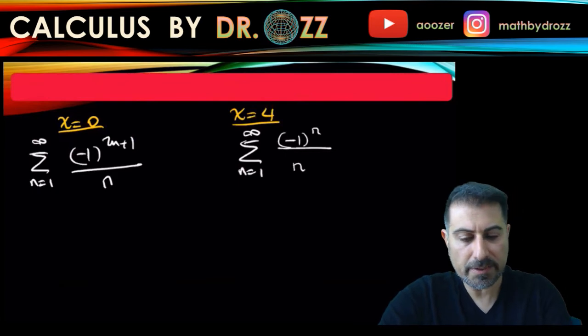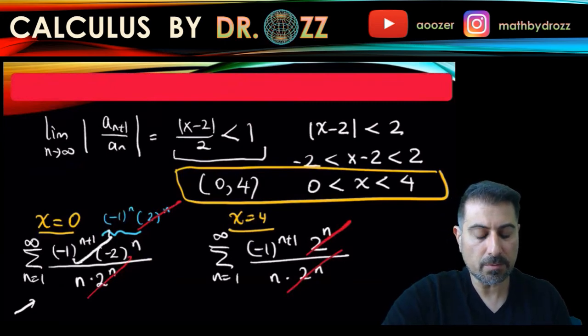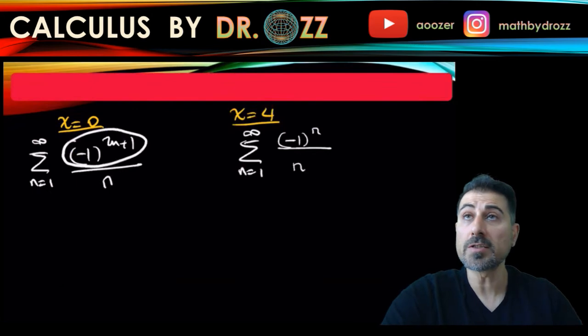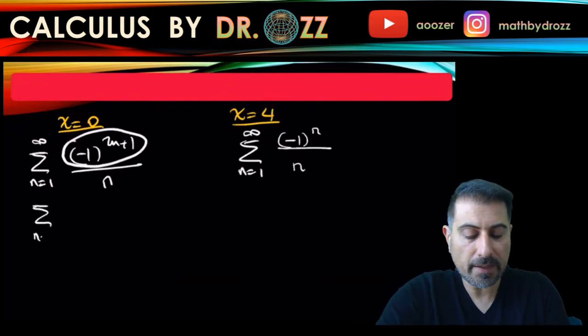One observation here is that, going back to here, these two terms added up to (-1)^(2n+1). That makes it, in fact, negative 1 because you're talking about odd powers of negative 1, no matter what n is. So this series is, in fact, -1/n.